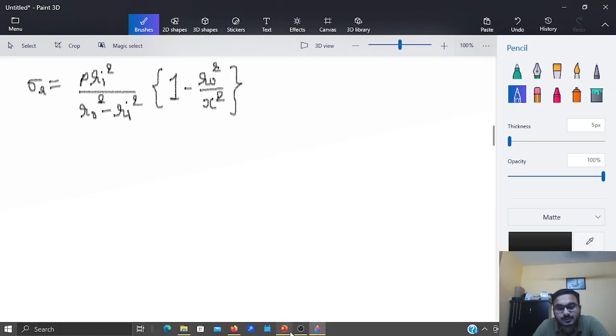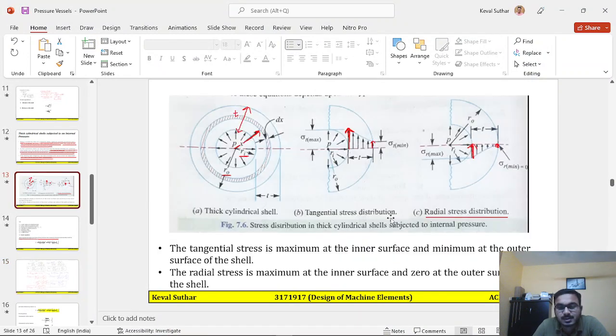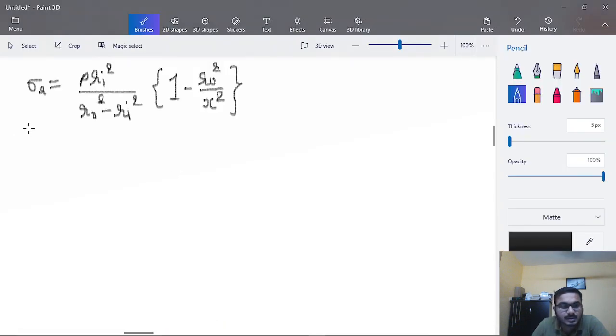So in our previous lecture we had discussed that this radial stress will be maximum at the inner radius and minimum, that is 0, at the outer radius. So we will do the same over here: sigma r is equal to sigma r maximum when x is equal to Ri.